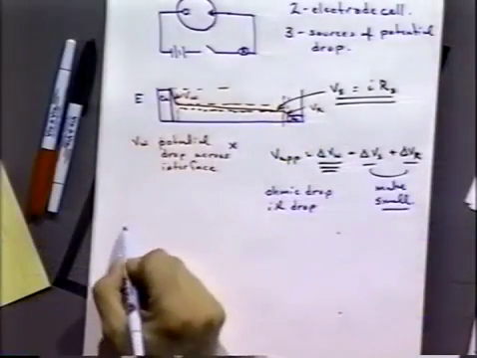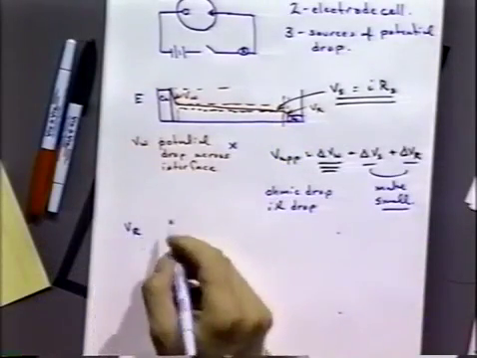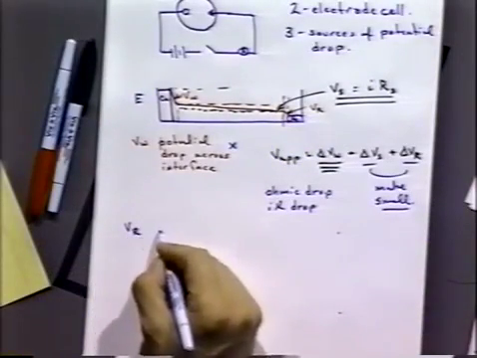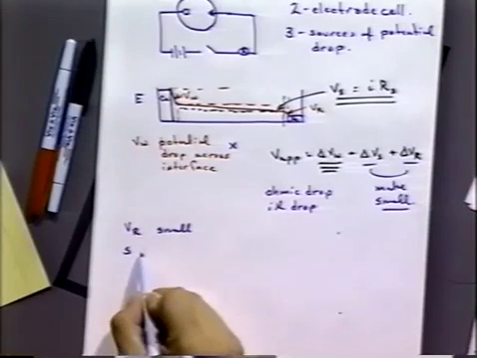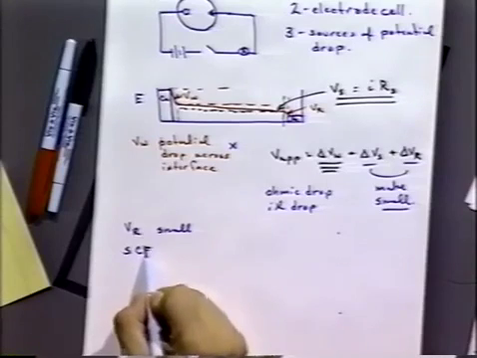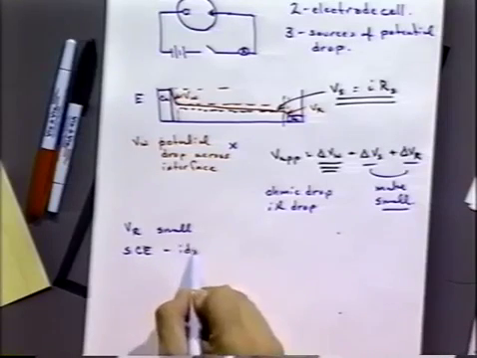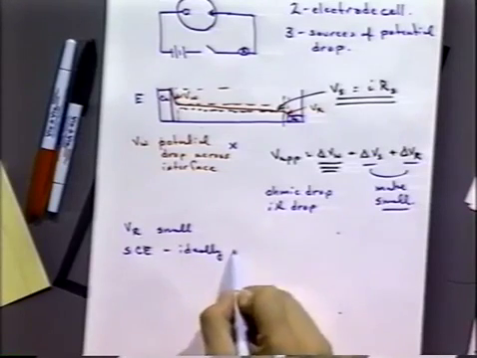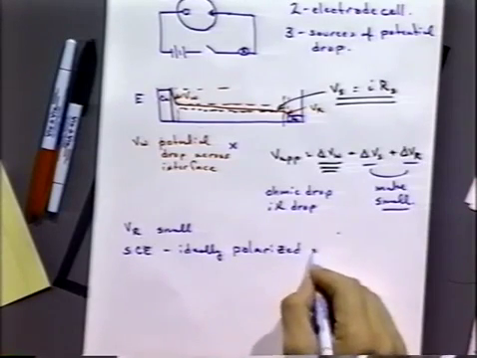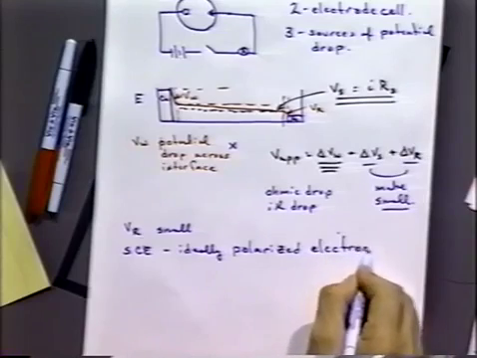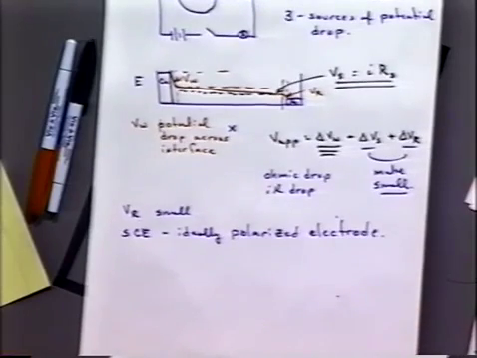Let's reiterate our idea on V sub R. We want to make V sub R small. The way to do that is to make our SCE an ideally polarized electrode. Okay?